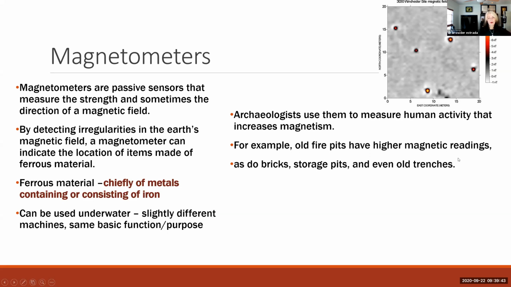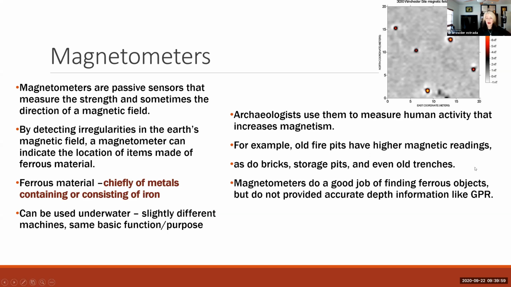And again, we don't have to become experts on this, just know more or less what that kind of reading is used for, whether we use it all the time, what are its minuses, and what does the readout generally look like. So they do a good job of finding where those are, but they don't give you accurate depth information, like the next one we'll look at.